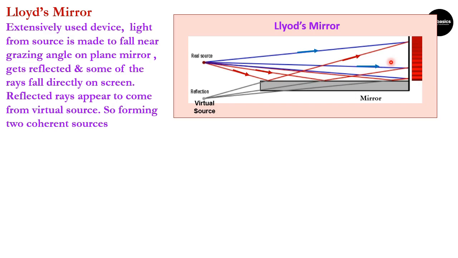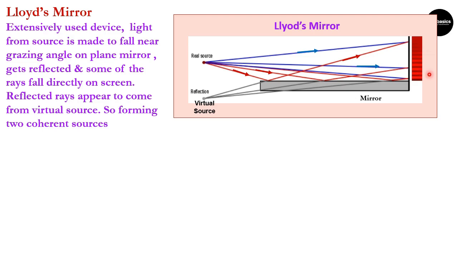Actually, as the source is monochromatic, all these are a single color. Just for differentiating, we are using different colors. The rays which come directly on the screen and the rays which get reflected and then come on the screen will interfere with each other to form an interference pattern on the screen.